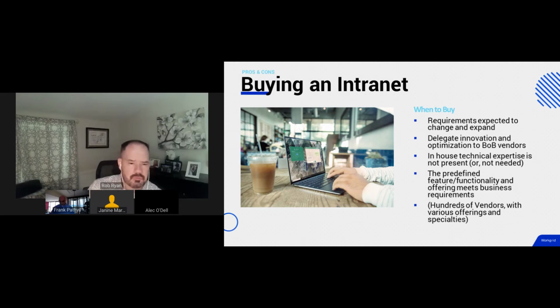Many of them will provide the expertise or guidance or have the partnerships to deliver the professional services and the strategy to keep you on track. And many of the vendors have out-of-the-box use cases and templates for a department solution or communities of interest, communities of practice, blogs, newsrooms, et cetera.